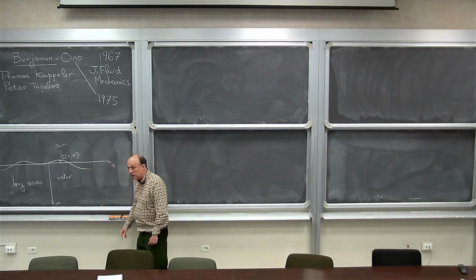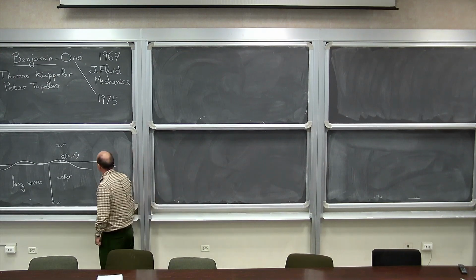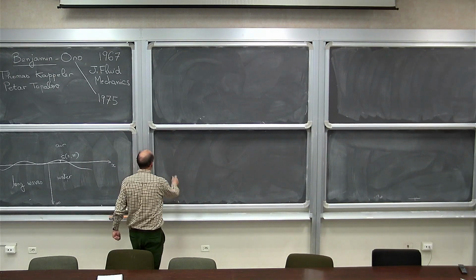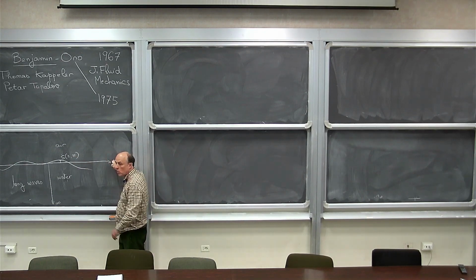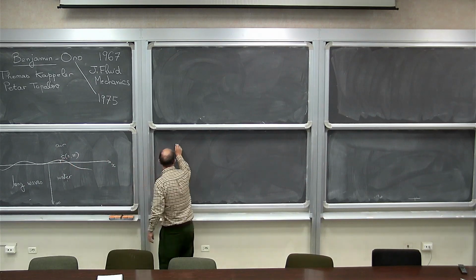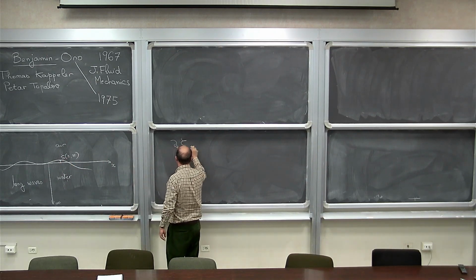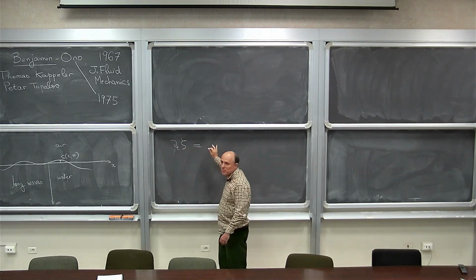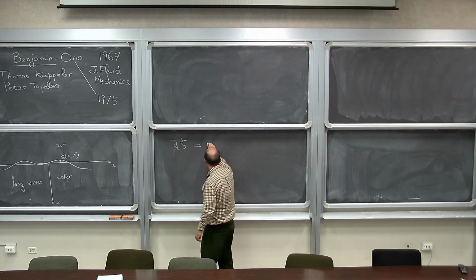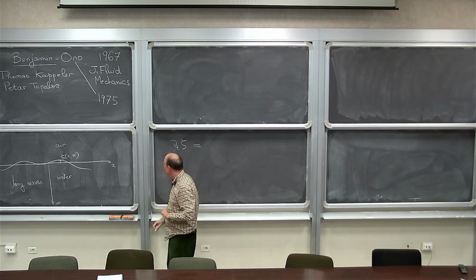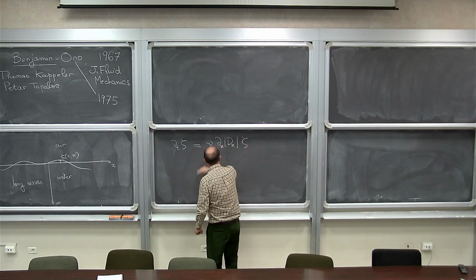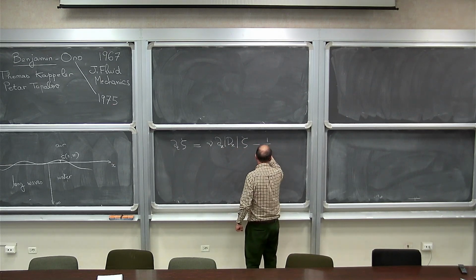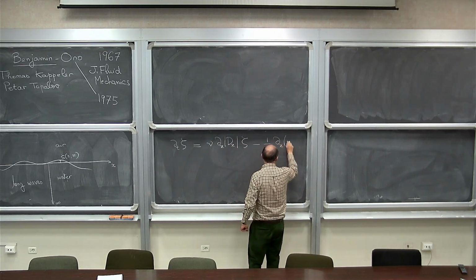So what does it look like? The Benjamin-Ono equation reads as follows. Zeta, again, is a function of time and one-dimensional position. Okay. And it looks like this: dt zeta equals, let me put some constants for the moment, which is not usual for mathematicians, we have some constant nu here, and another constant, let me call it 1 over tau, times dx of zeta squared.